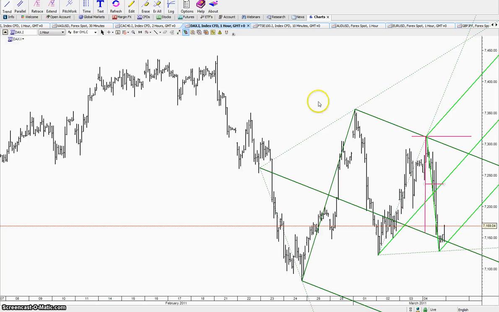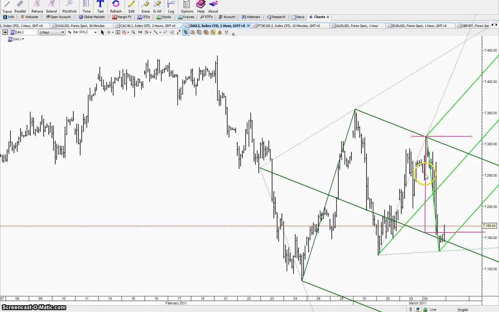Don't know why that's not working. Erase. Oh, doesn't really matter. What I was trying to do is pick this line up and move it along. I'll do it another way. Erase. I'll put a line along there.